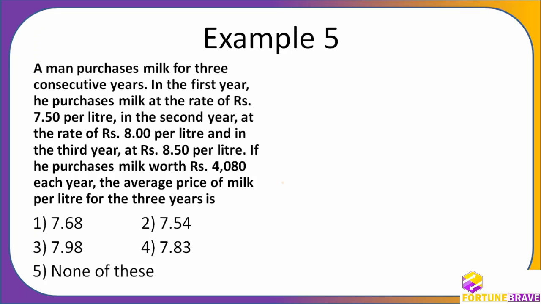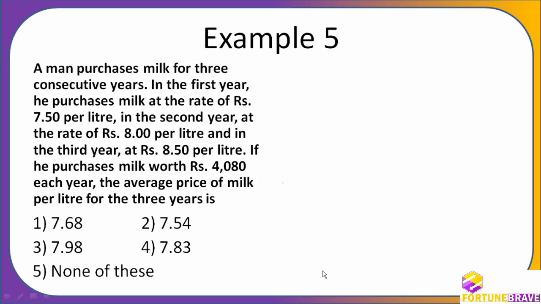In the second year, at rupees 8 per liter, and in the third year at rupees 8.5 per liter. If he purchases milk worth rupees 4080 each year, the average price of milk per liter for the 3 years is how much?